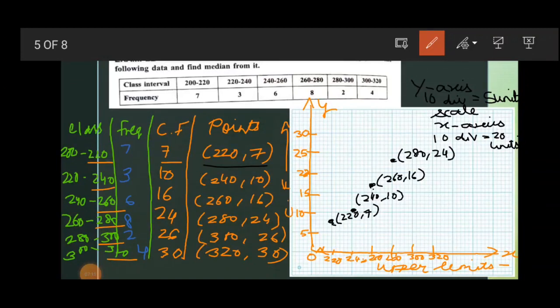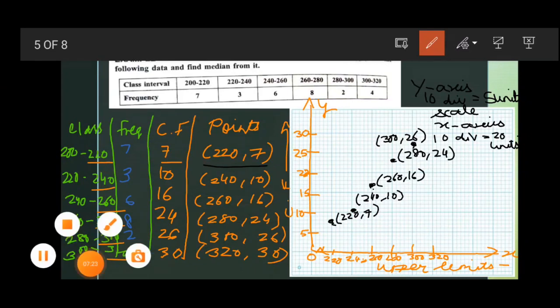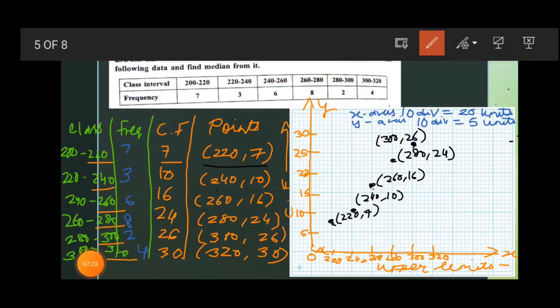Next is 300, 26. Next is 320, 30. Plot the last point 320, 30.